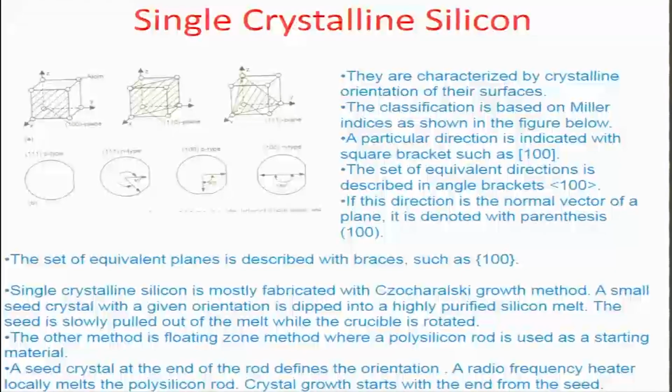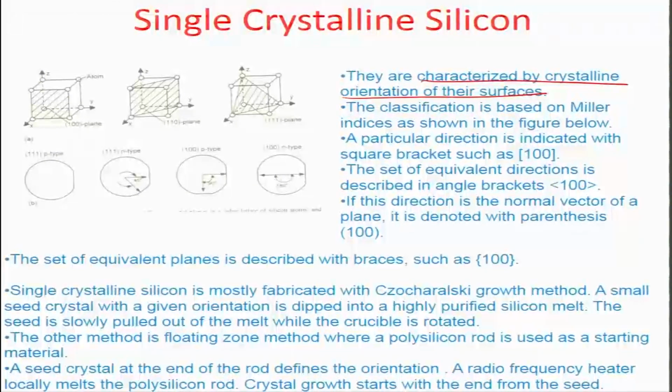Single crystalline silicon, for example, we know that it has a cubic lattice structure, and silicon is characterized by the crystalline orientation of the corresponding surfaces which are accessed in different directions.